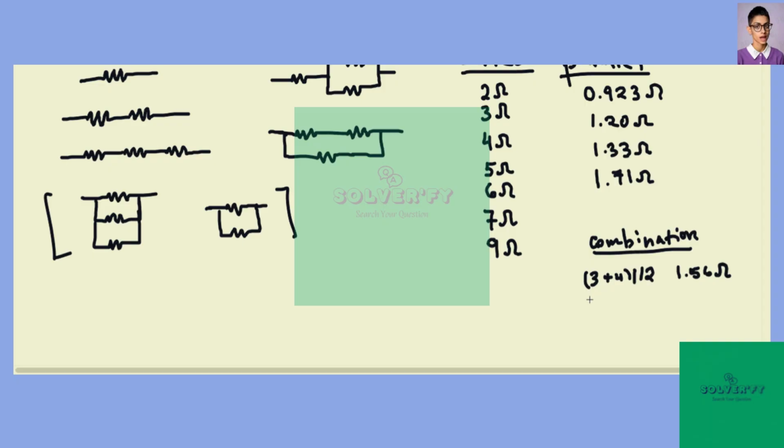And then if we were to take the 2 and 4 in series and in parallel with the 3 ohm resistor, we'll have an equivalent resistance of 2 ohms.